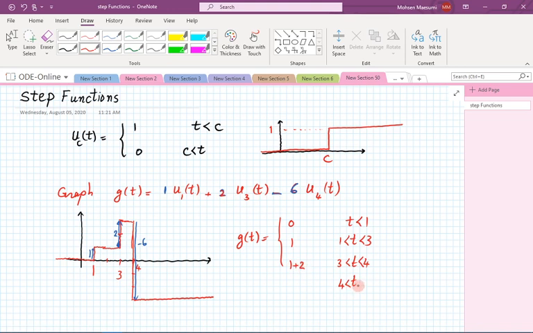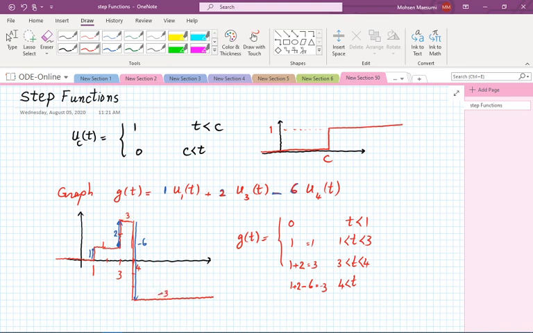After time equal to 4 seconds, we have all switches on, and our function is 1 plus 2 minus 6. Well, of course, this is just 1, that is just 3, and that's just minus 3. That is what these values are: 1, 3, and minus 3.